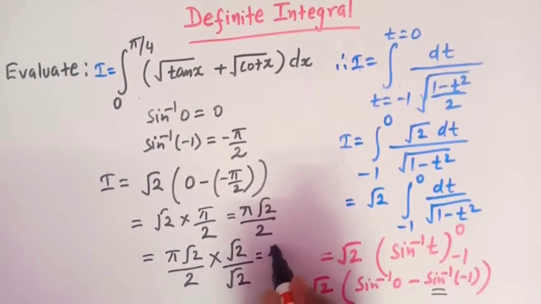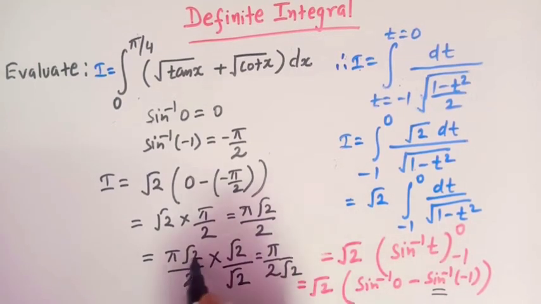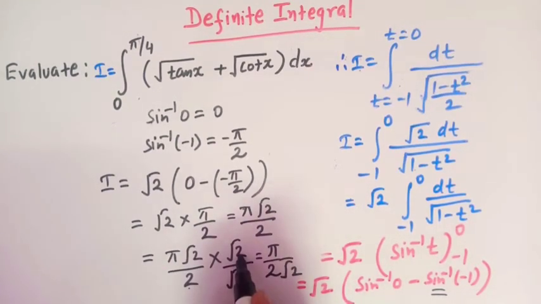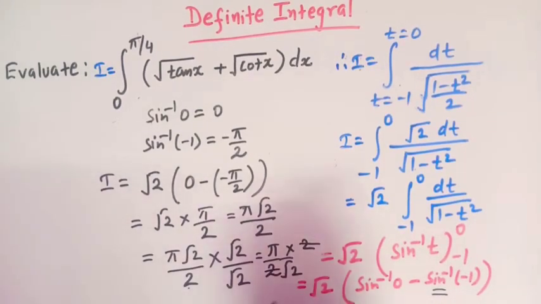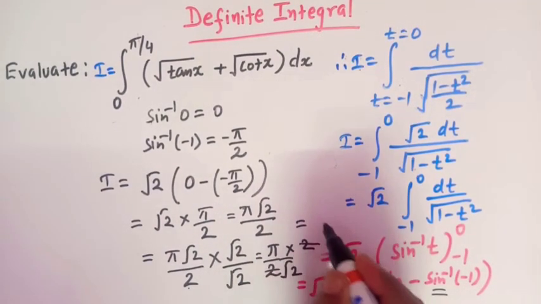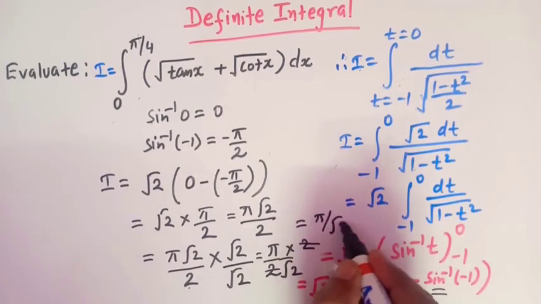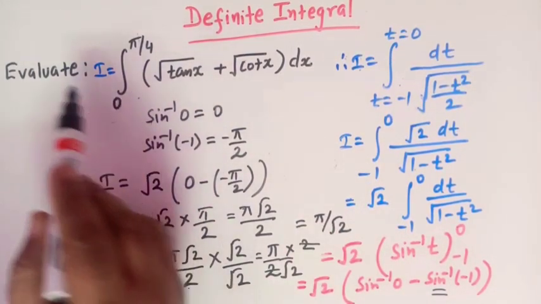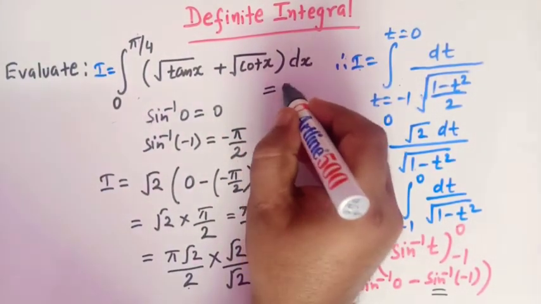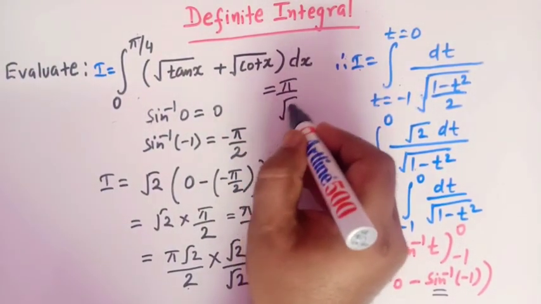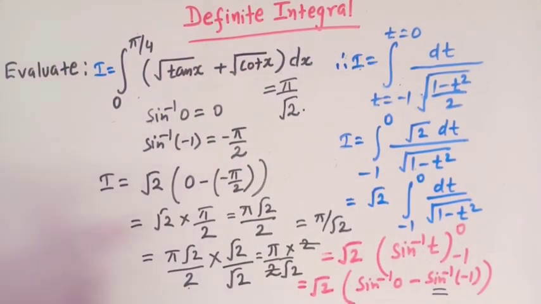So here we have pi over 2 root 2, and square root of 2 multiplied by square root of 2 is 2, so 2 and 2 get cancelled, and we are left with pi over square root of 2. So the value of this integral is equal to pi over square root of 2. This is how we solve this problem.